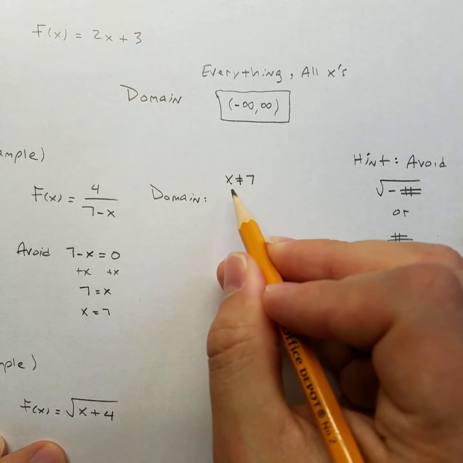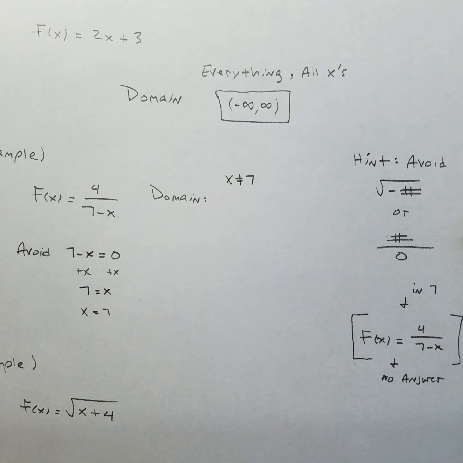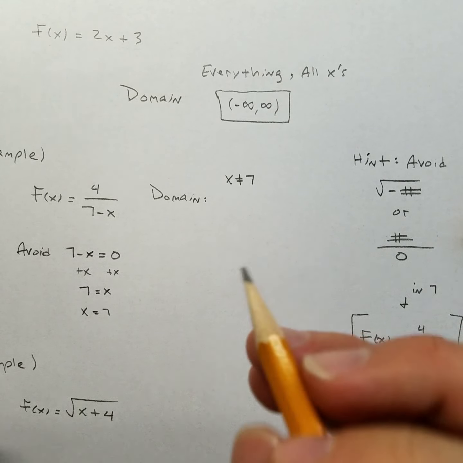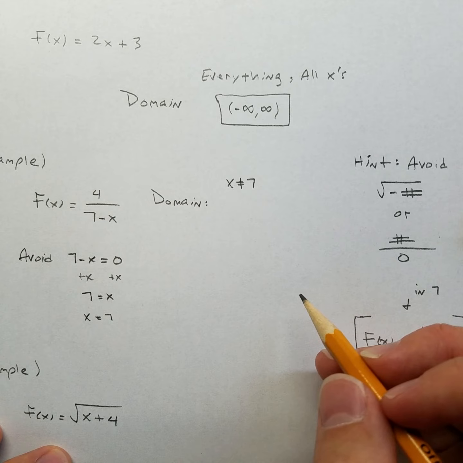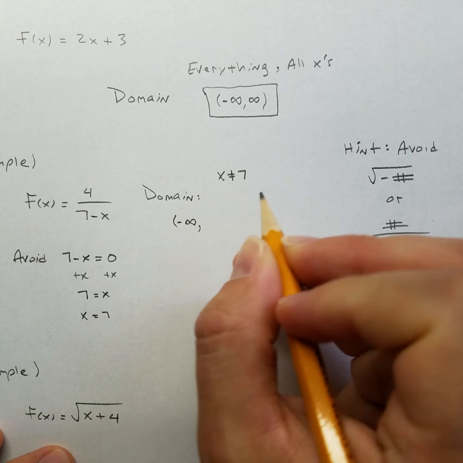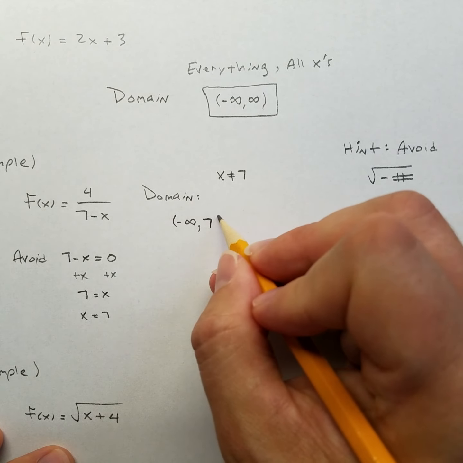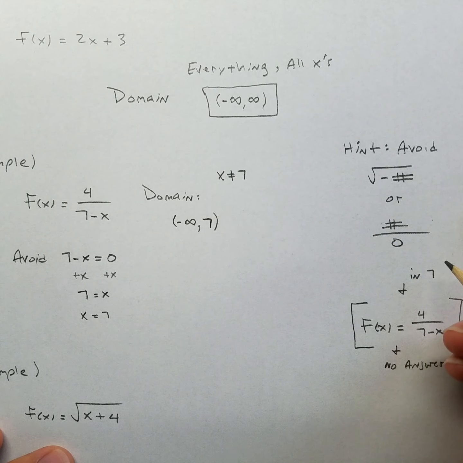So I could say the domain was that x can't be 7, but we always write our answers in interval notation. So how am I going to express every number but 7? The way I do it is like this. Go from negative forever over to 7, but don't include the 7.